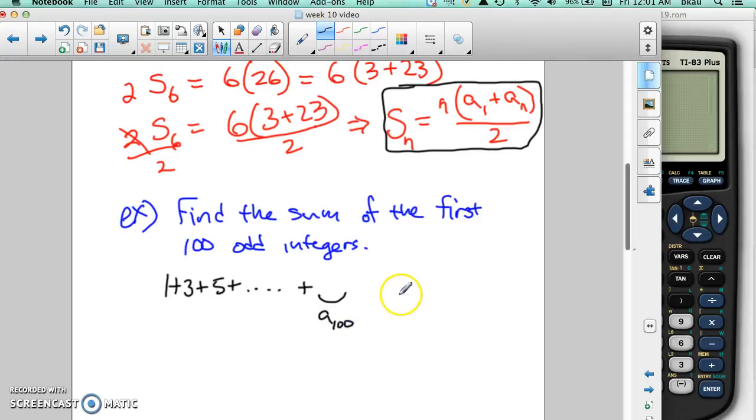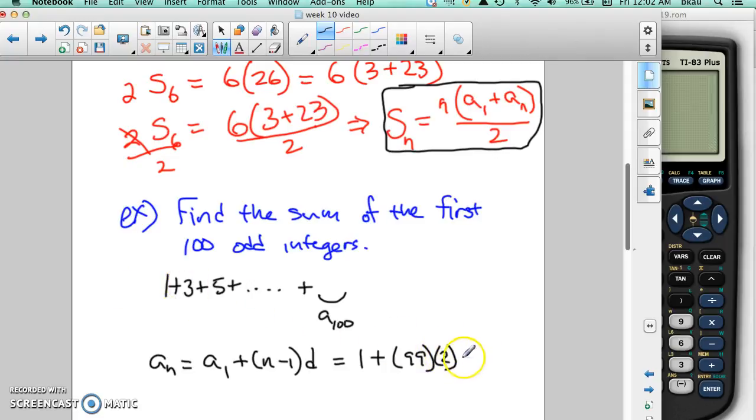So we look back at our previous section, where we had a formula for a sub n for arithmetic sequences. That was a sub 1 plus n minus 1 times d. In this case it's 1 for the first term, 99 for n minus 1, and the difference is 2 each time.